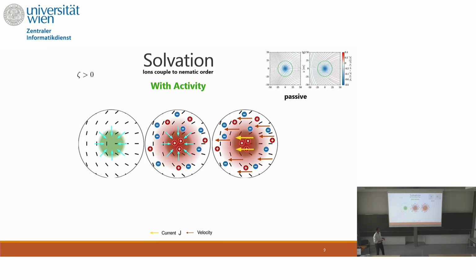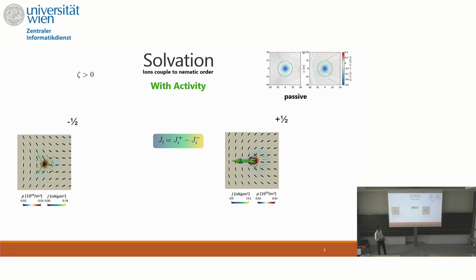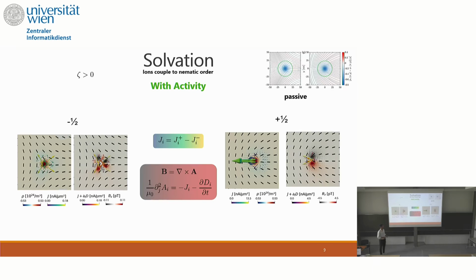So we have some propagation of this defect, and because ions are coupled strongly to nematic orientation, we actually get some ion current in the system. If we do simulations more carefully, these are the results. For -1/2, the ion current is negligible, but for +1/2, we get some ion current. And when there is ion current, we also have a magnetic field.